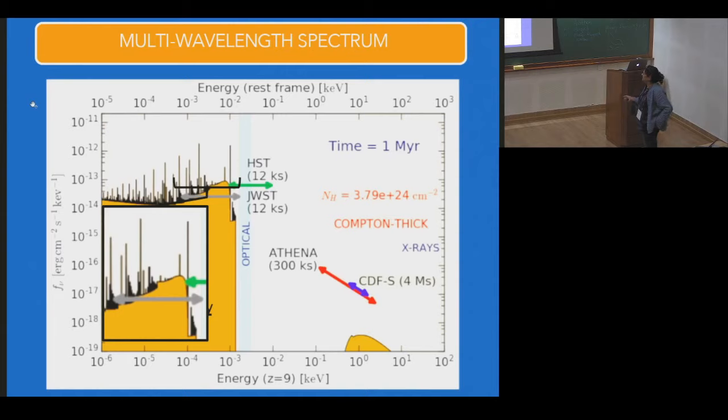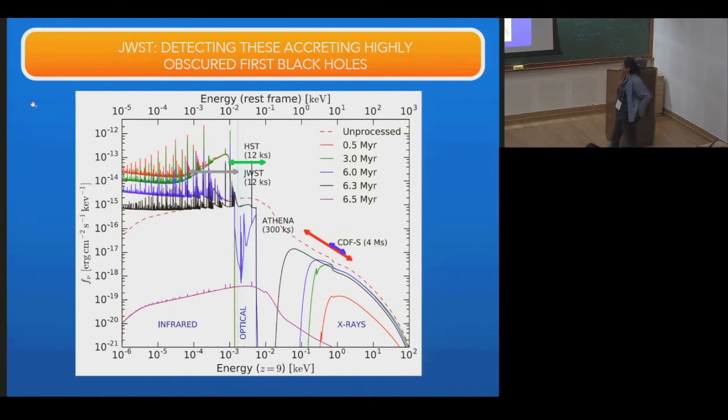What I wanted to show you is that those kinds of objects have spectra that are quite fundamentally different, because most of the energy output does not come out in the X-rays, it's re-radiated in the infrared. Because remember, these are also dusty, the gas density is very high. So we calculate this full self-consistent multi-wavelength spectrum. These are what the spectra look like, and these are different time slices as this thing is growing and evolving.